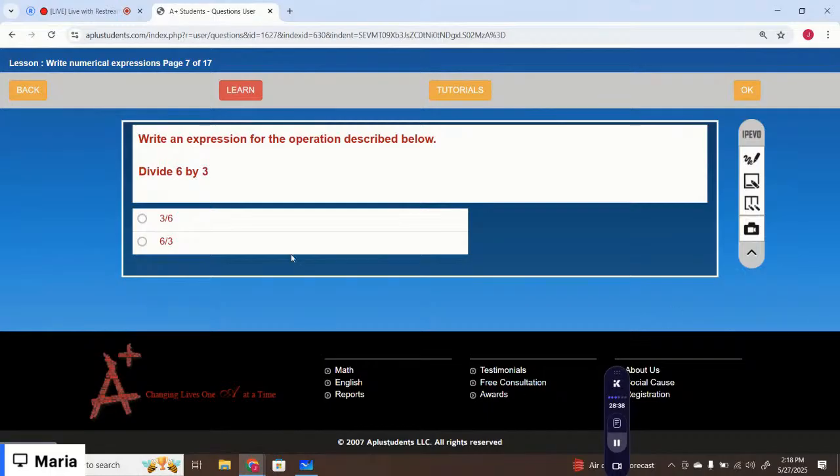Option number 2 is the correct option, that is 6 divided by 3.